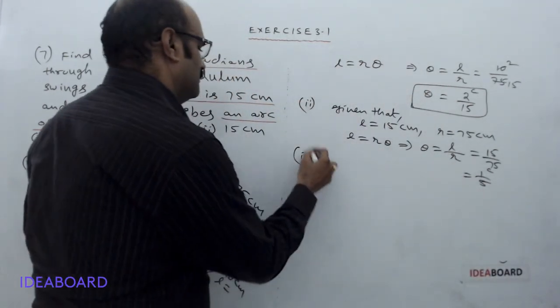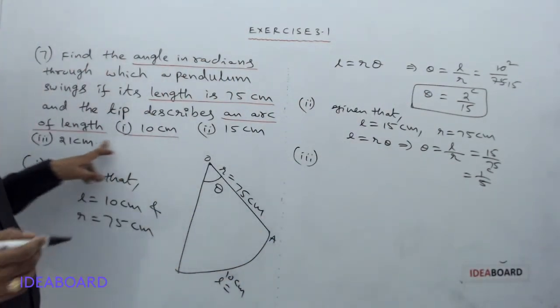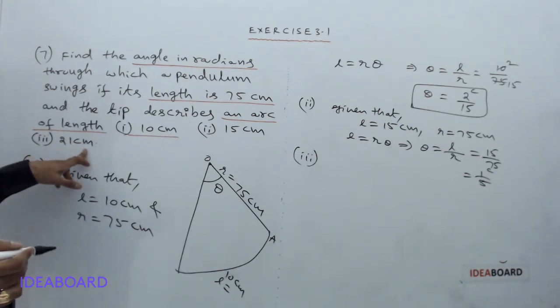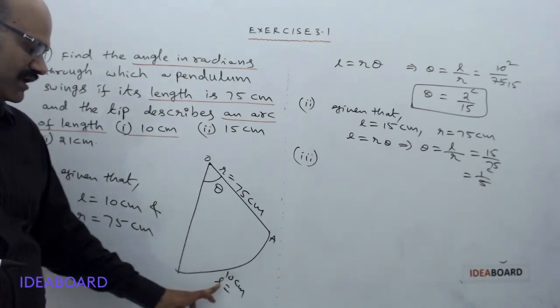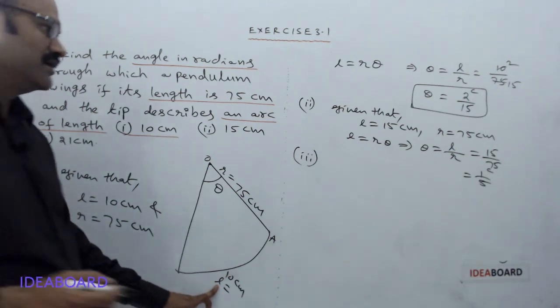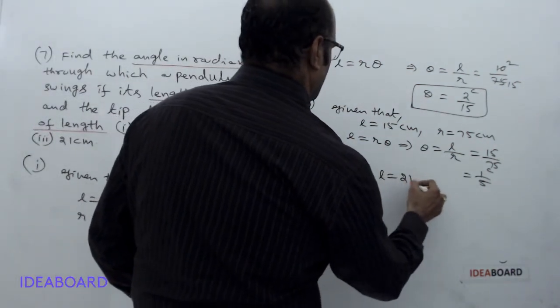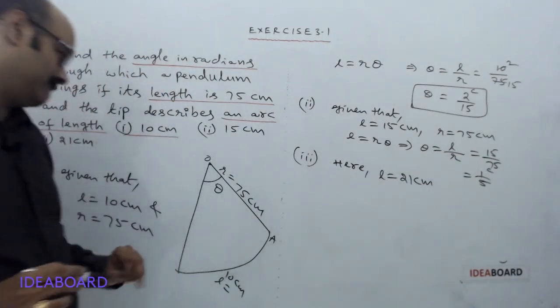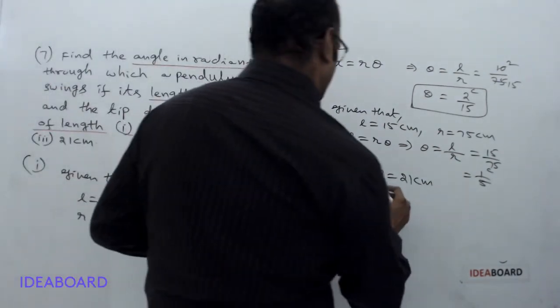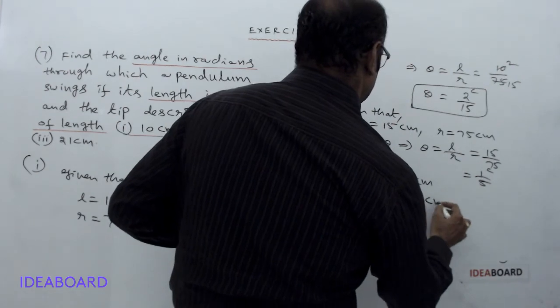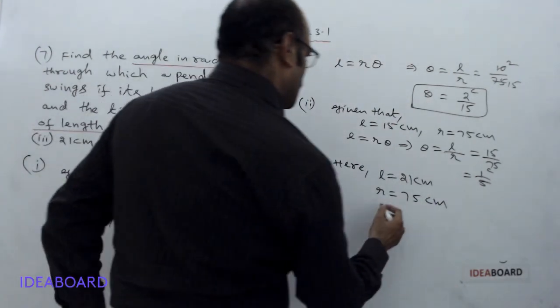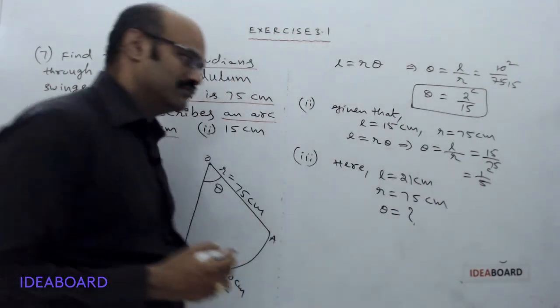Third one. In the third one we have length given by 21 centimeters. That means in the place of 10 we are having 21 centimeters. Here L equal to 21 centimeter, R equal to 75 centimeter, and our target is theta only.